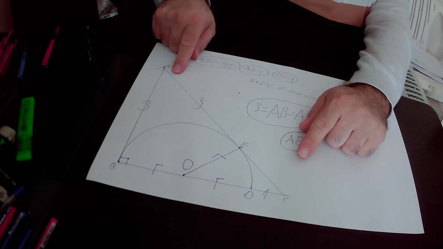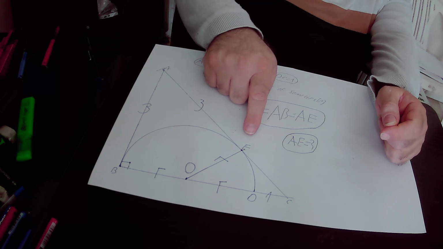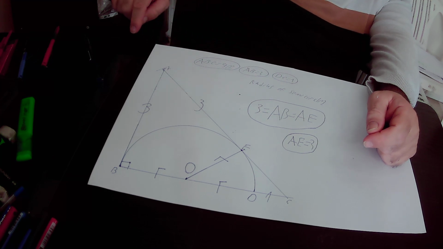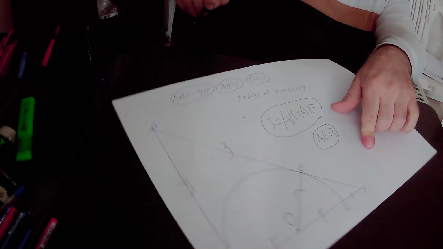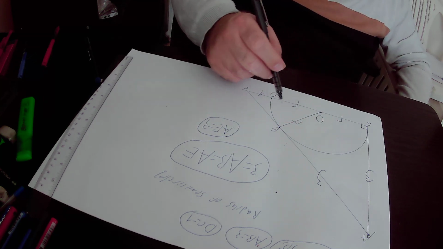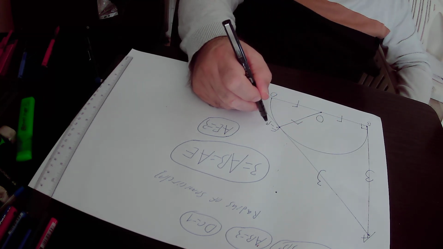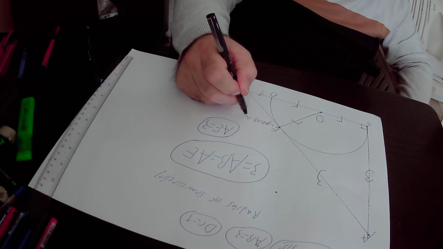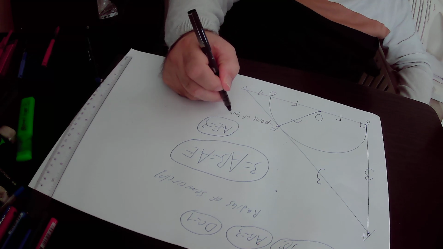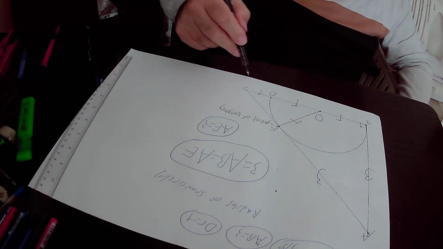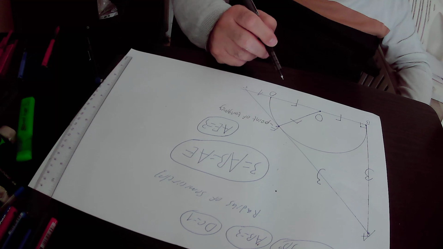Tangent AC is tangent to the semicircle at point E. Point E is the touching point between the tangent and the semicircle, or point E is the point of tangency of tangent AC with the semicircle.